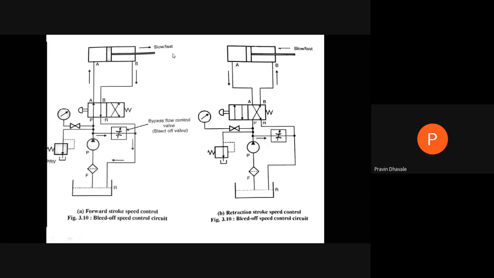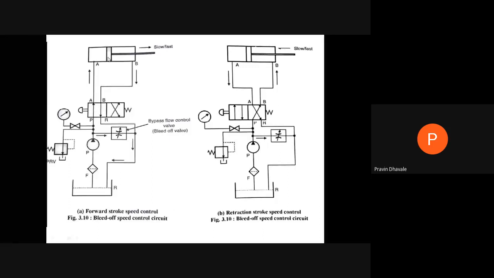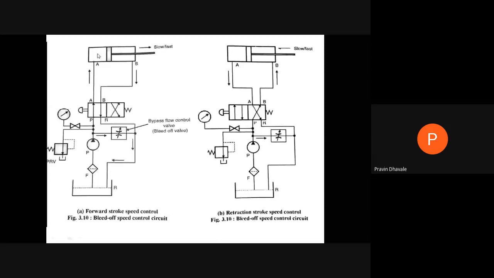But in certain applications where we require to move this piston slowly, at that time we have to reduce the amount of fluid supply toward the left hand side of the piston.